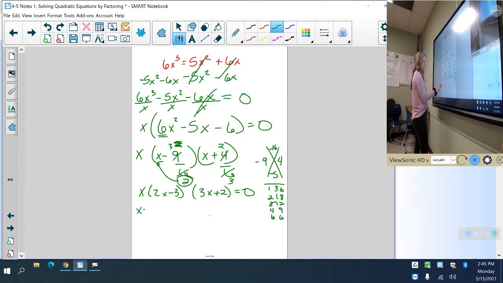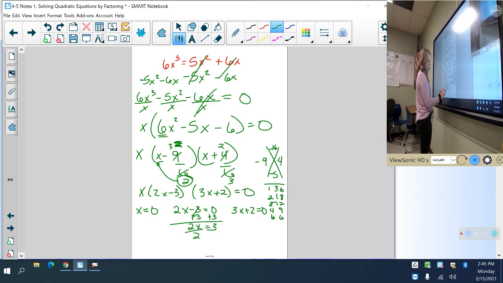So it's x equals 0, 2x minus 3 equals 0, 3x plus 2 equals 0. And those are my 3 answers. This one's already solved. Plus 3 divided by 2. x equals 3 over 2.